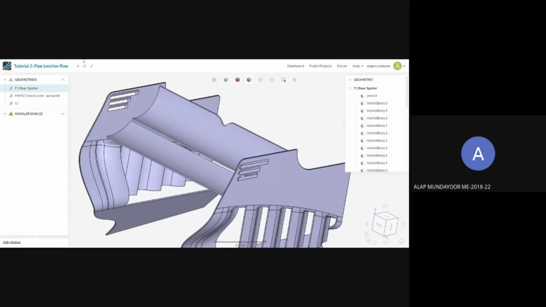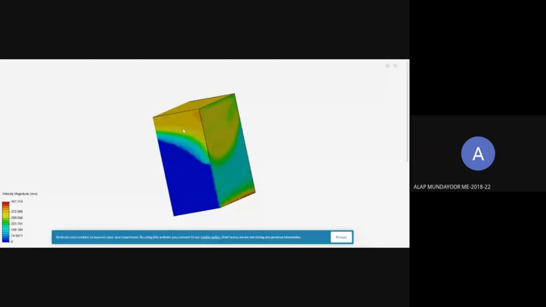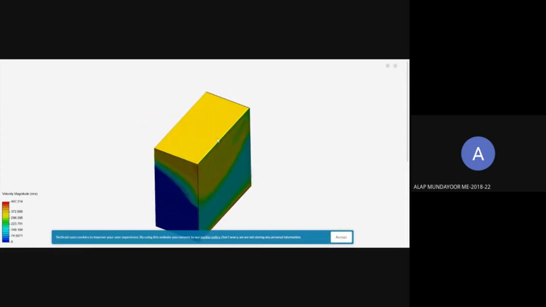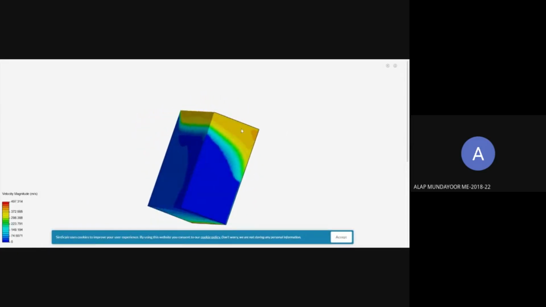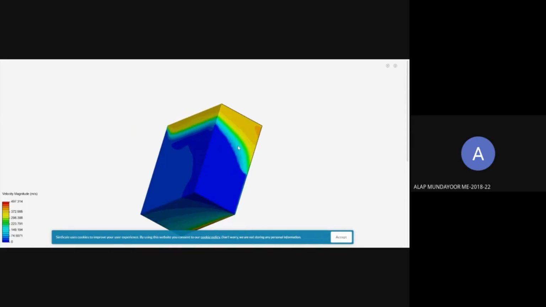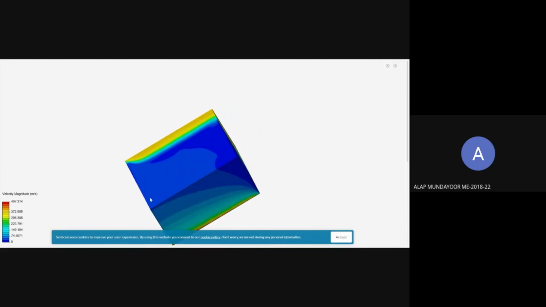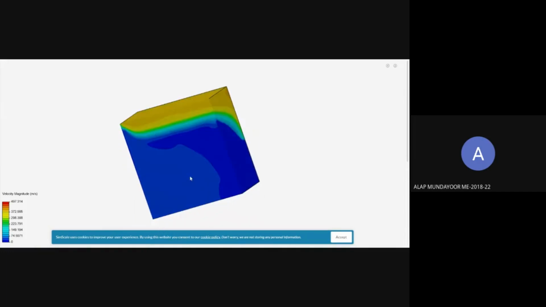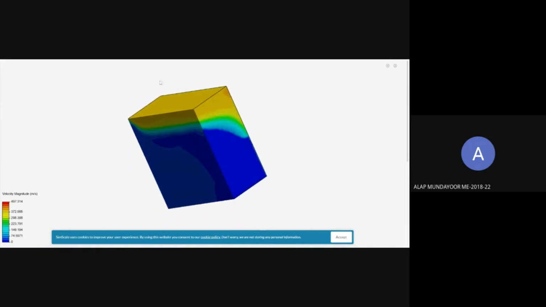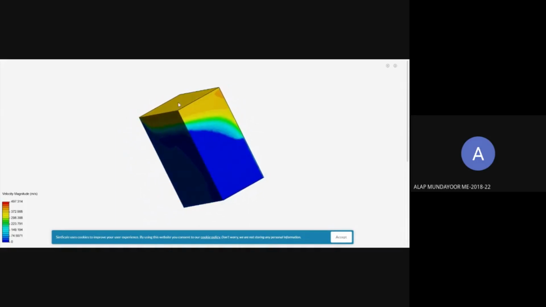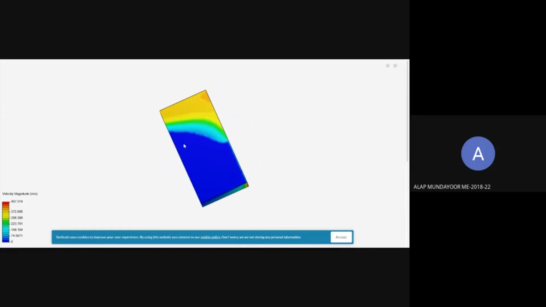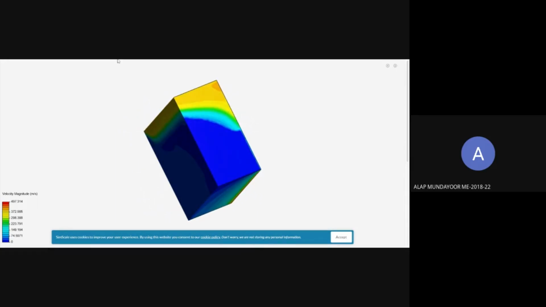As you can see in this simulation, this is the simulated force and velocity magnitude that could be generated in the flaps. The light blue regions are the regions of low velocity, and as the air enters the flaps, it is at very high velocity, and as it exits, it creates a lower pressure. So thus, as you can see by this simulation.